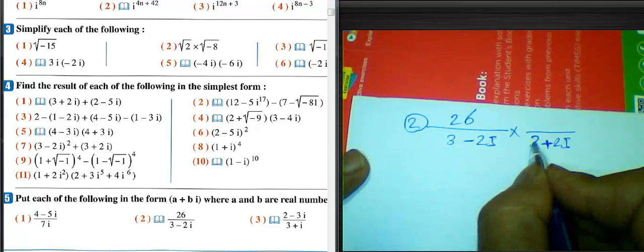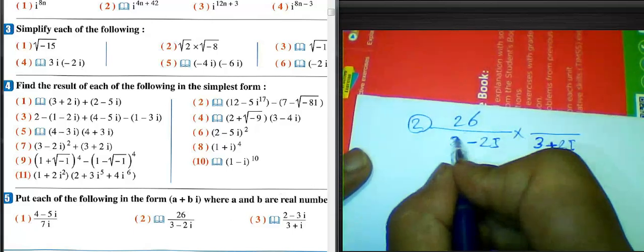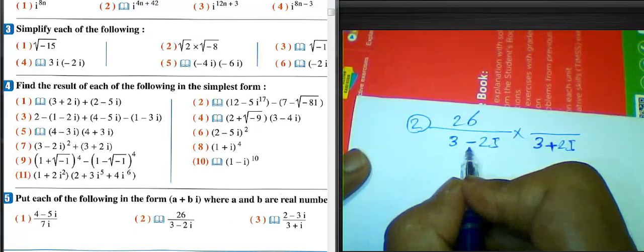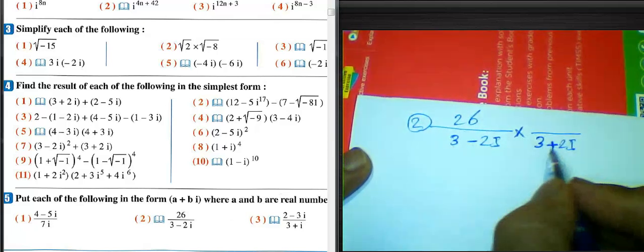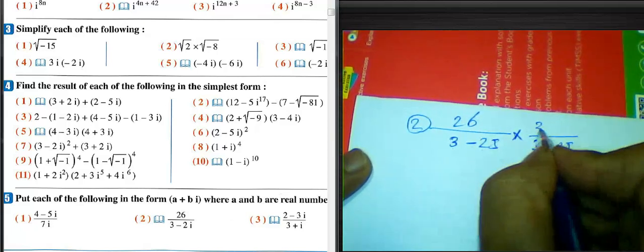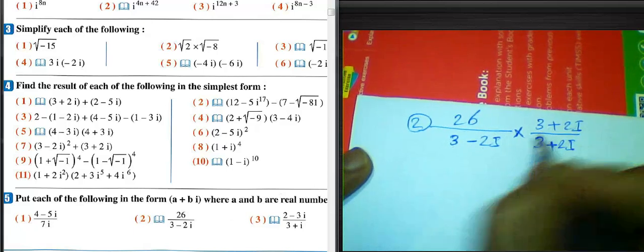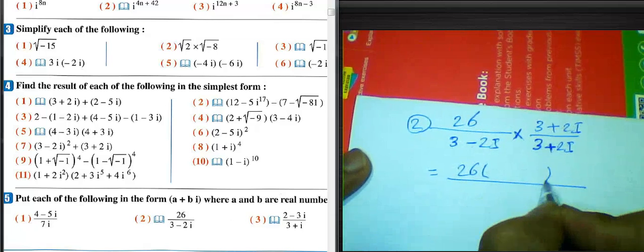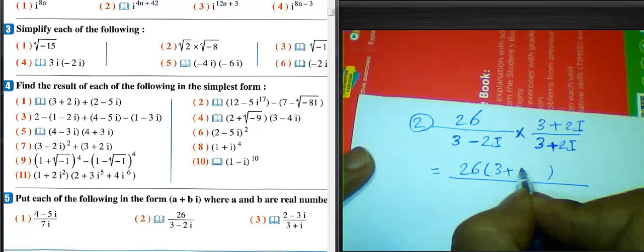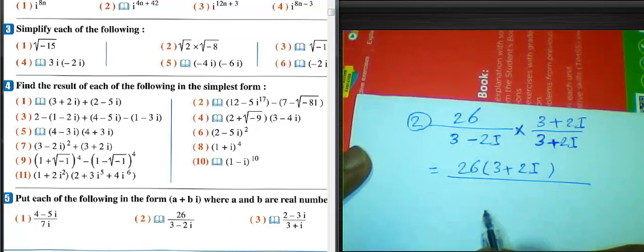This is the conjugate of this number, 3 and negative 2i. This conjugate is 3 plus 2i. 3 plus 2i here, and we will write 26 times 3 plus 2i in parentheses.